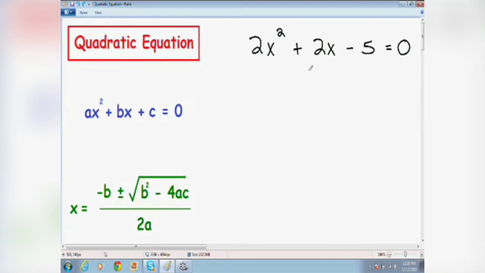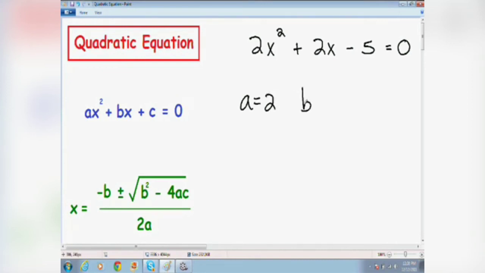The B is always the number in front of the x term, or the middle number, and the C is always the number that is not attached to an x term. So for this particular example, our A is the number 2, which is in front of the x squared term.